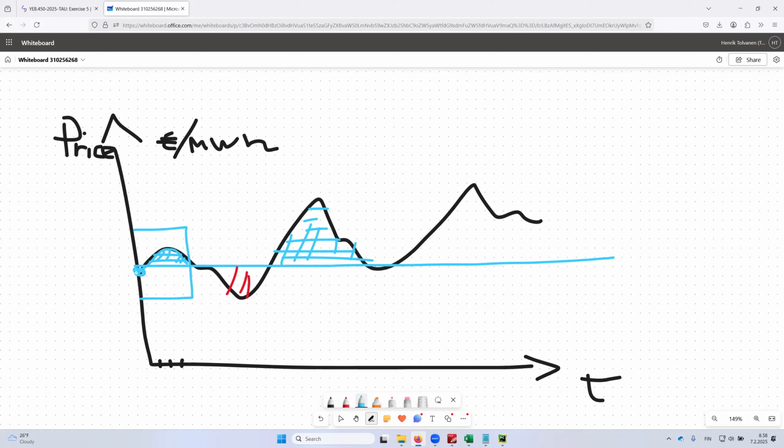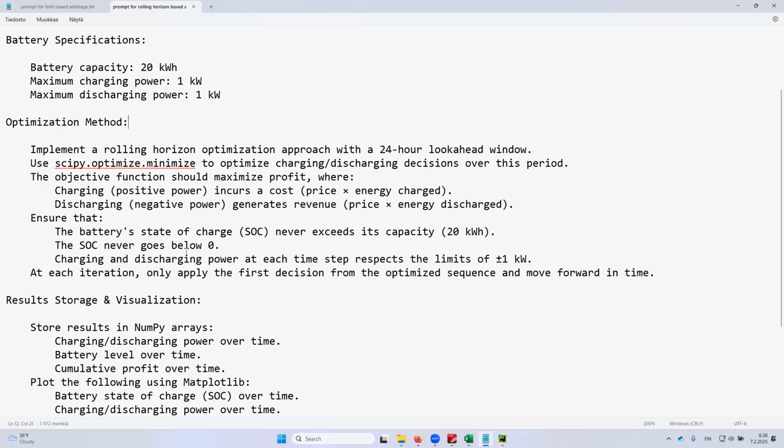It's only going to take the first value from that strategy, and then move the horizon 1 hour ahead. And again, after that, it's going to move it 1 hour ahead. It's always going to optimize the entire 24 hours from the beginning to the end, but it's only going to take the first value from the charging and discharging strategy.